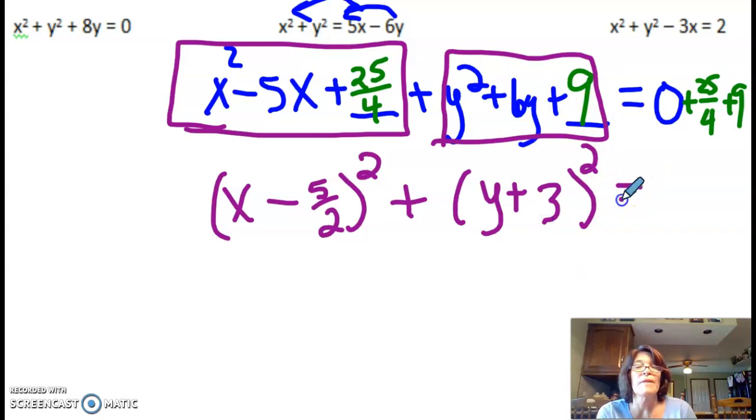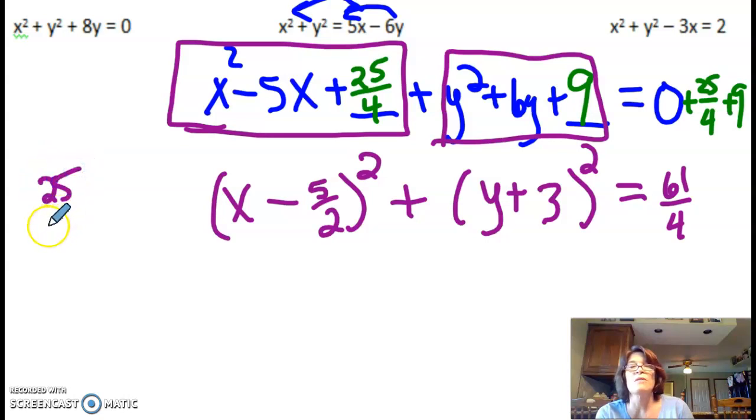Okay. And then I will have to add this together. 25/4 plus 9, what's that, 36/4? Is that 61/4? Okay, check me on that. I'm taking 25/4 plus 36/4, which is what 9 is. Yeah, 61/4.